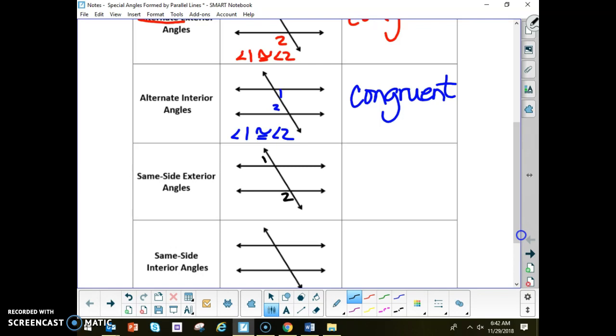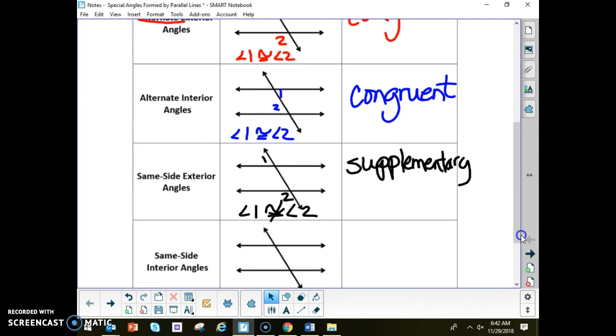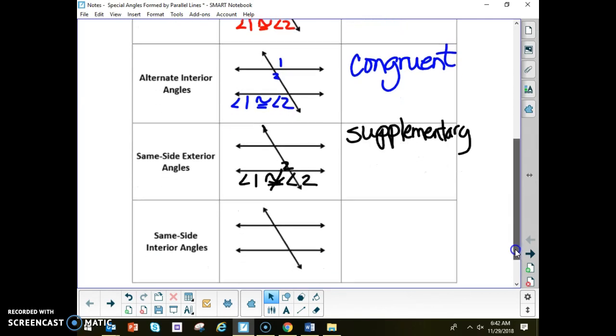Notice that angle 1 is not congruent to angle 2. If they're not congruent, then they are supplementary. So either the angles are congruent or they're supplementary.